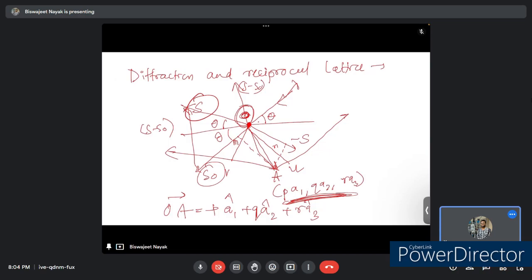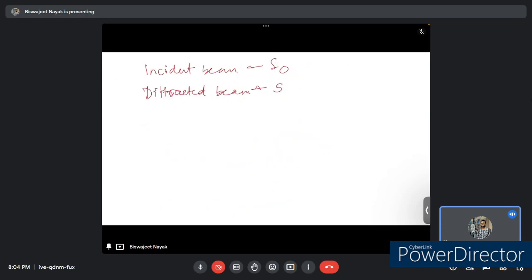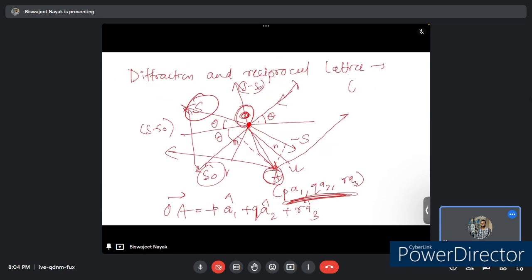To determine the condition under which diffraction will occur, we need to determine the phase difference between the rays scattered by atoms O and A, different atoms. We know that while considering Bragg diffraction, for a particular set of values diffraction occurs, not for all the planes.